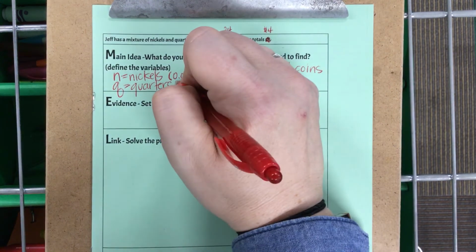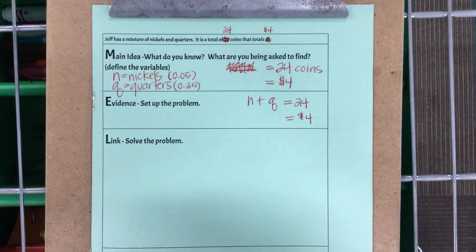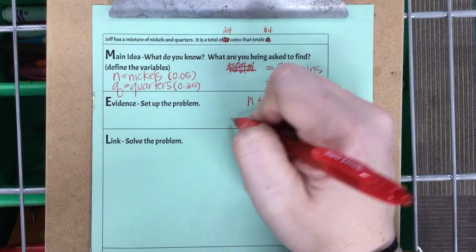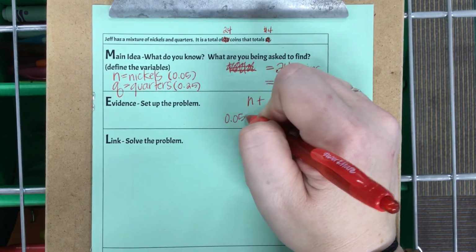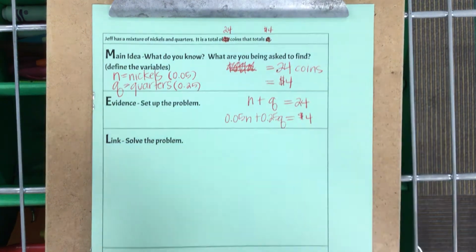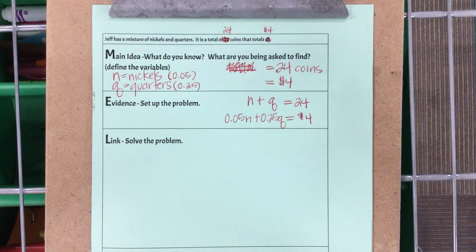A quarter is 0.25. So, how do we get $4? There you go. Now, I agree with you. That looks terrifying, don't you think? Those decimals.